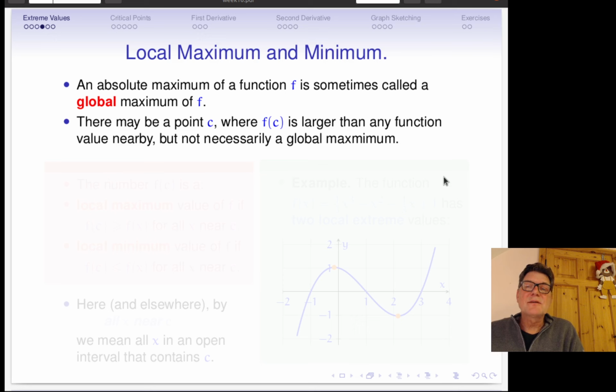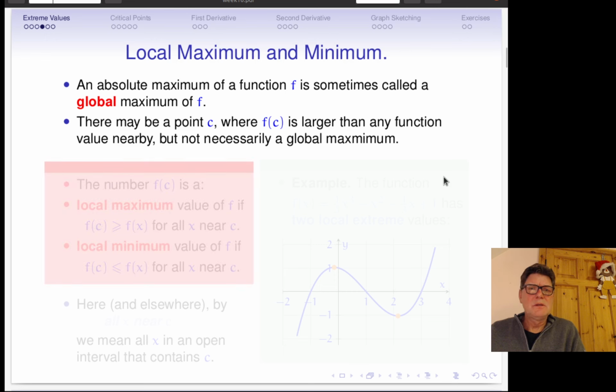When you choose x close to c and evaluate f of x, f of c is still larger. That doesn't make f of c necessarily a global maximum, but it makes f of c carry some maximality, some extreme aspect.